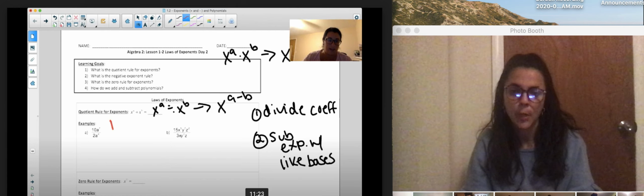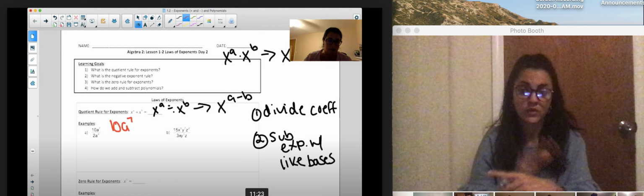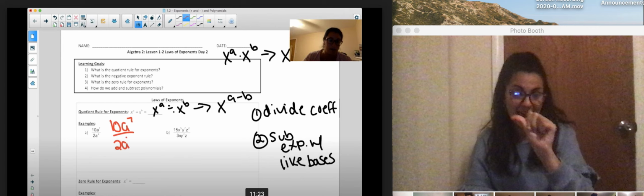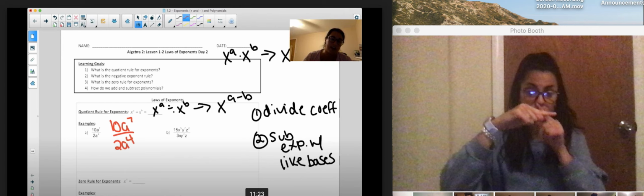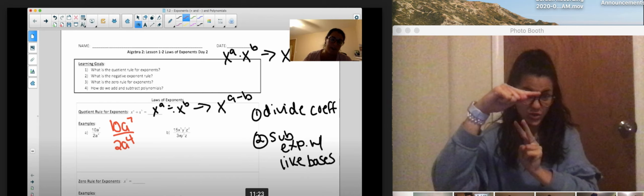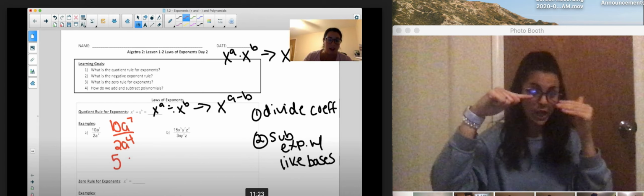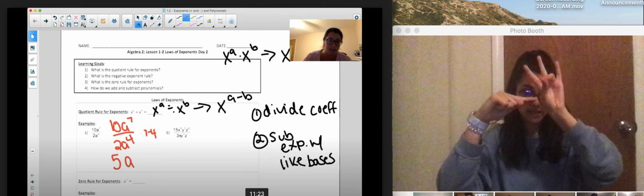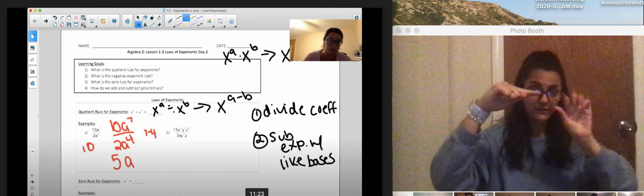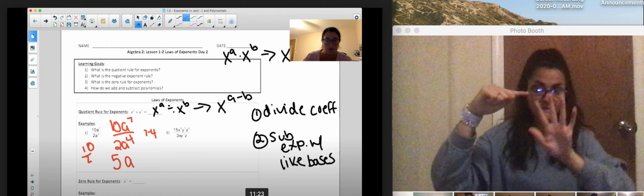We're going to have 10a to the 7th over 2a to the 4th. So again, the coefficients are the 10 and the 2. So we're dividing 10 by 2 to get 5. And then we're subtracting the exponents, so 7 minus 4. And here we did 10 divided by 2. So we're going to get a to the 3rd.